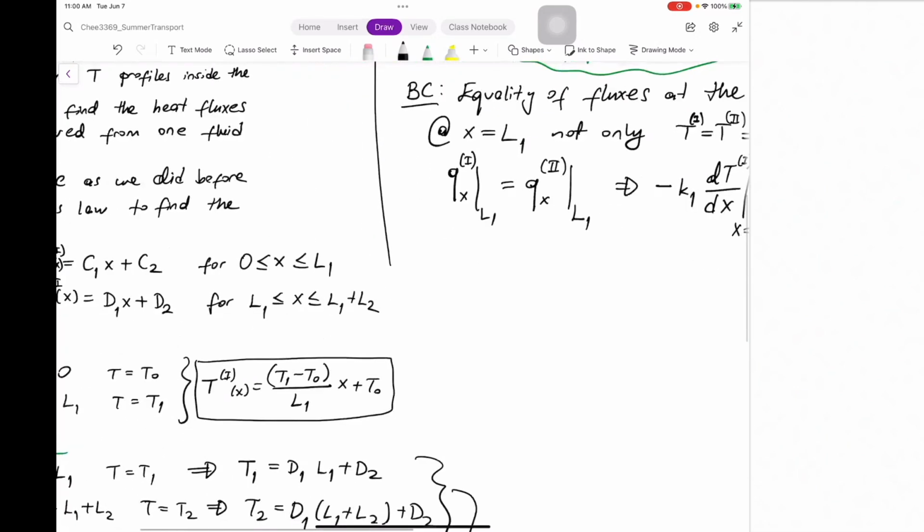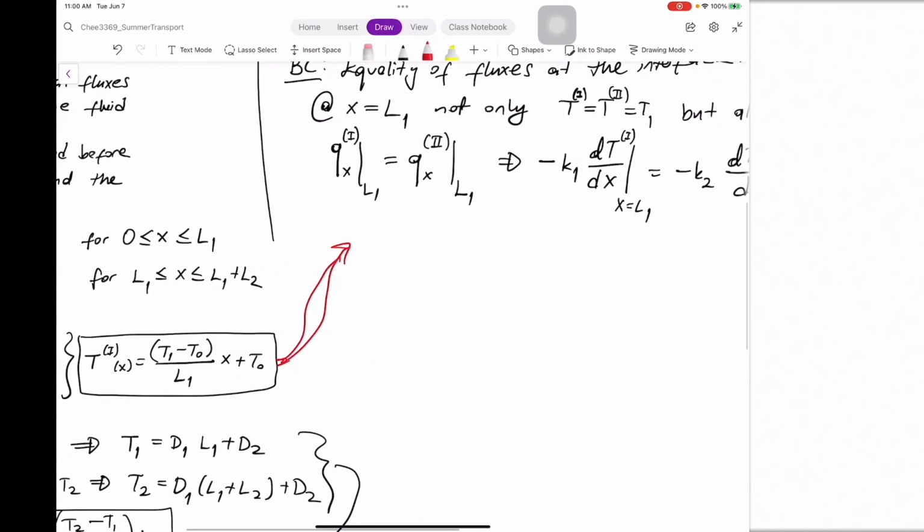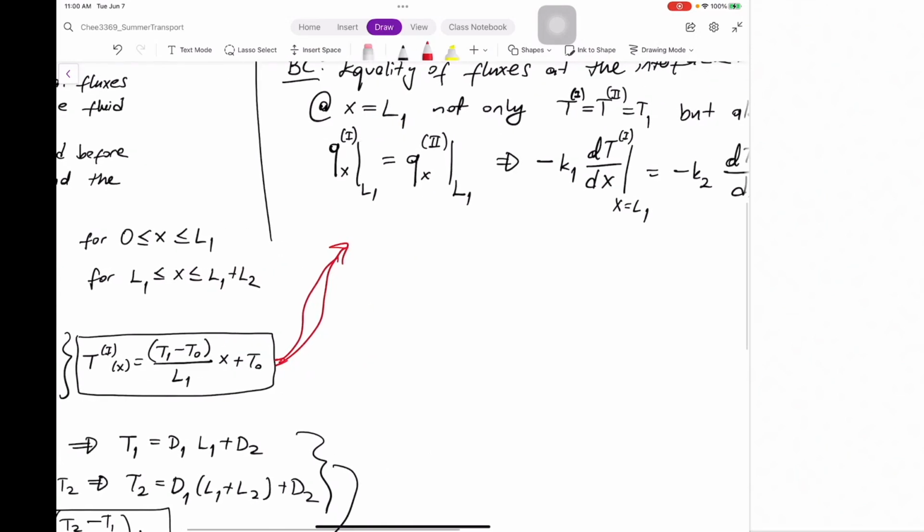And from these equations, you find the following. So have a look at this T1, please. From here, you can calculate the dT over dx for the material 1, and it is equal to the derivative of this thing, which is basically this constant, T1 minus T0 over L1, and it's constant.